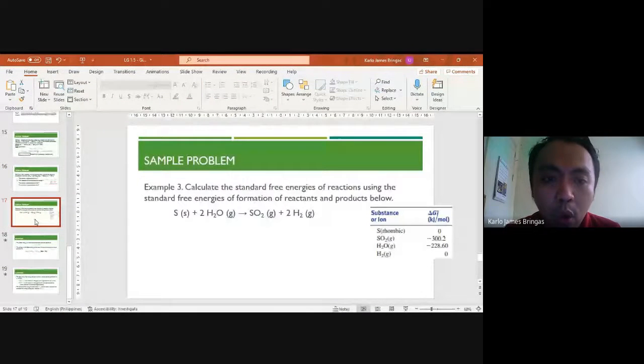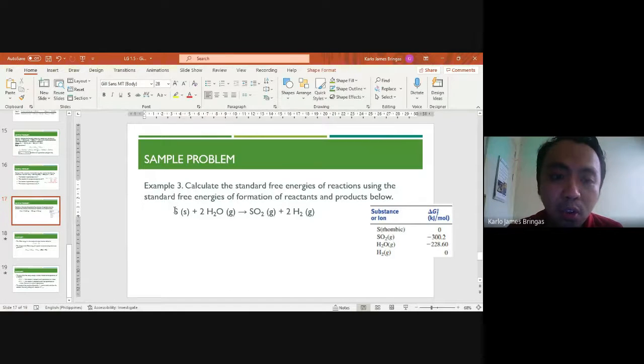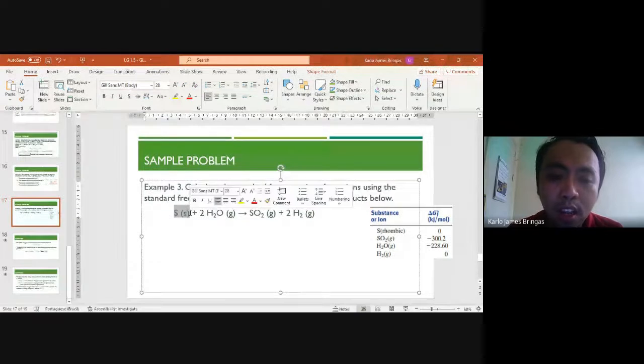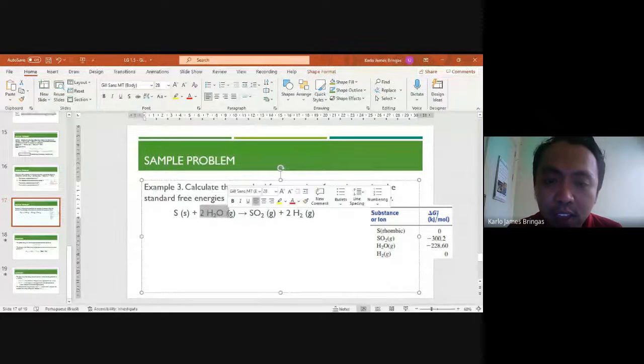Then we have our example 3. In here, I already copied for you the values na nasa Appendix B ni Silberberg. S solid, the sulfur solid, is actually represented here by the sulfur in its rhombic form. And you also have the water gas and the SO2 along with the hydrogen.